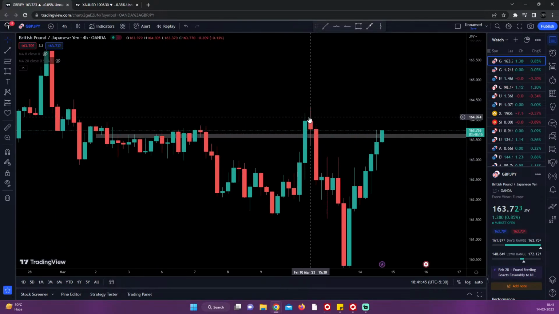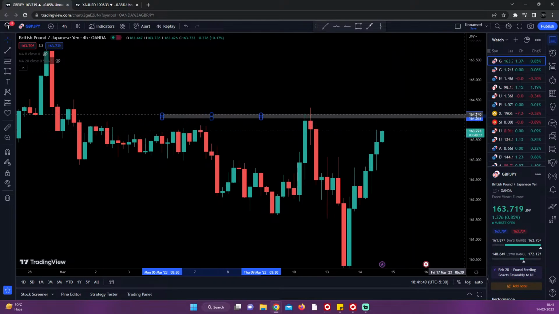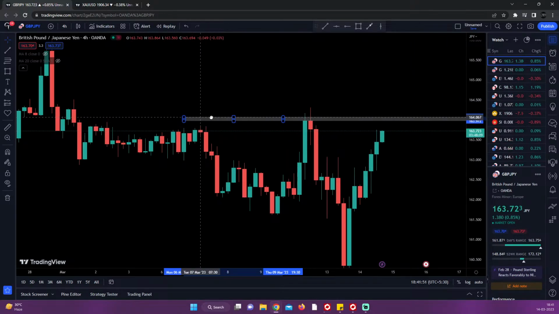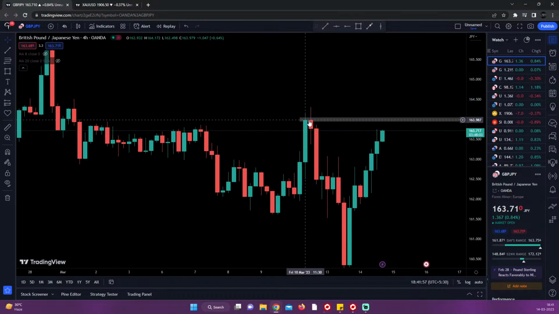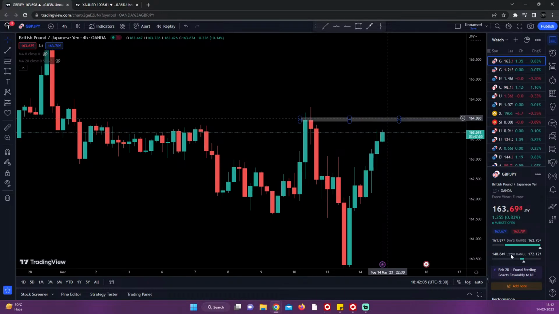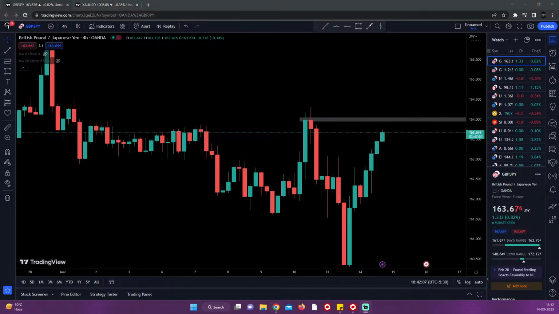So we have to switch to the lower time frame, obviously, to see where the market can possibly go, right? So when we switch to the 4-hour time frame, we see a strong level of resistance where the market can approach, right?